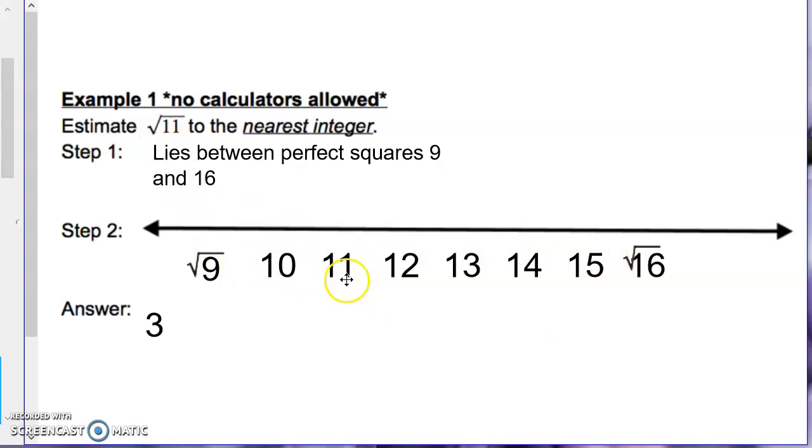Because 11 falls closer to the square root of 9 than it does to the square root of 16, the square root of 11 is approximately 3. If my number were the square root of 15, that would fall closer to 16, so I would approximate that to be 4. You just have to see which one your number falls closer to. And 11 falls closer to 9, so that's why I approximated my answer to be 3.